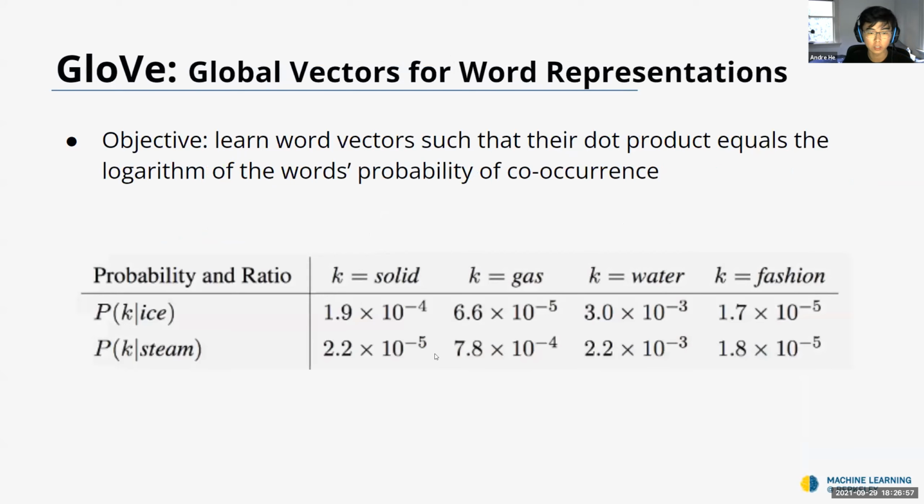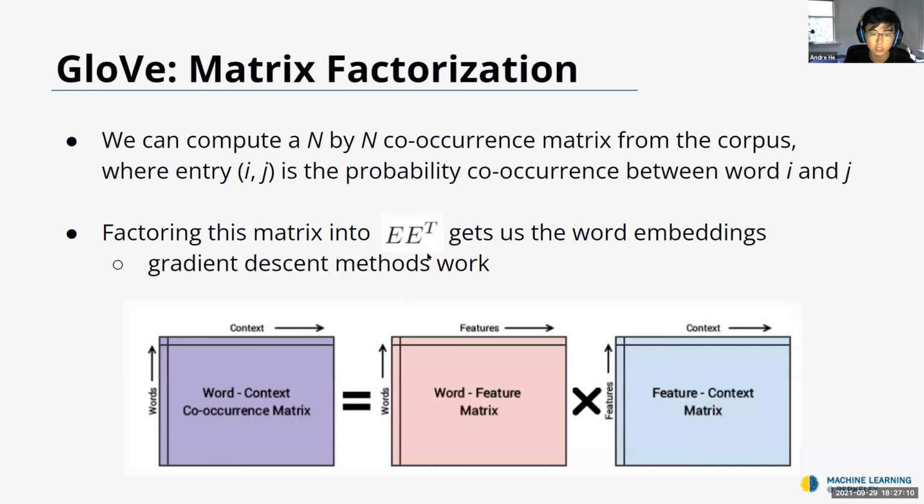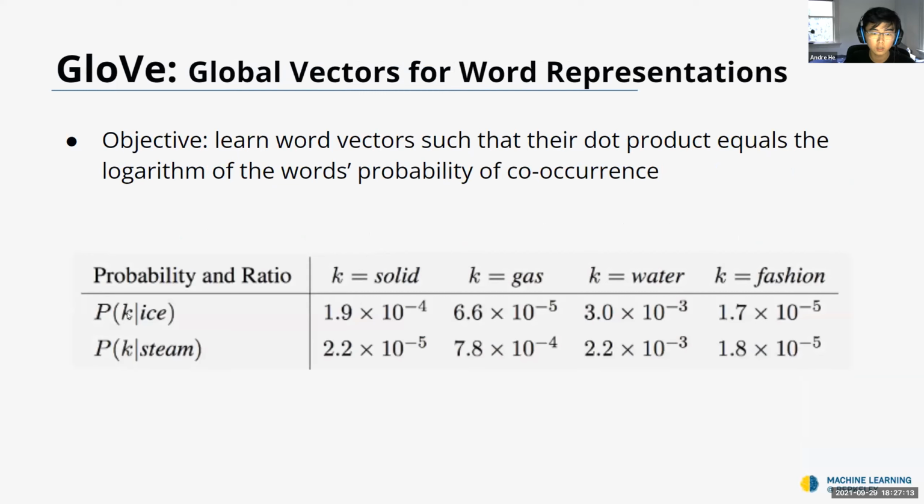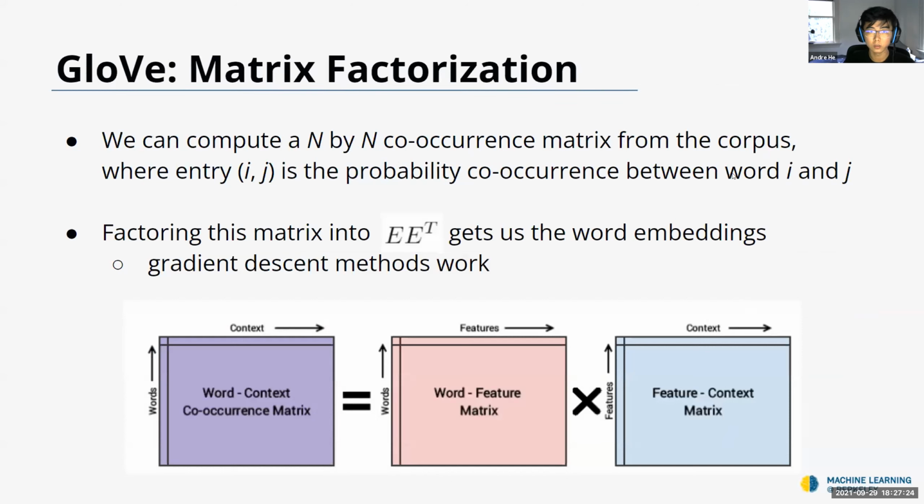If you look back here, the co-occurrence rate of solid and ice being high tells you that you want the entry at the row of ice and the column of solid to be large, whereas you want the entry at ice and fashion to be low. So you're just training E times E transpose to approximate the co-occurrence matrix, which you collect by crawling the web for co-occurrence statistics.